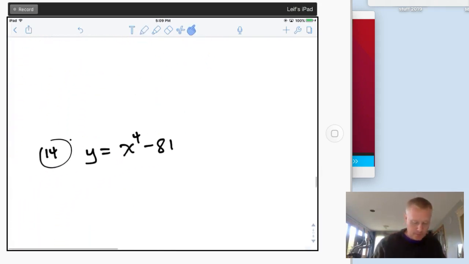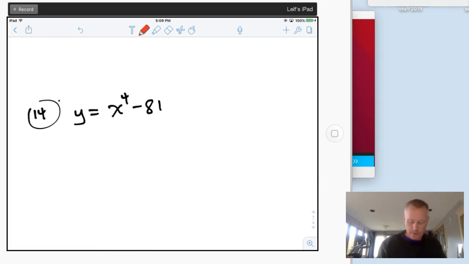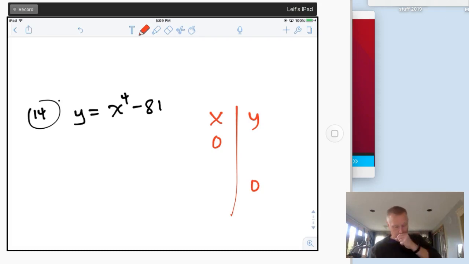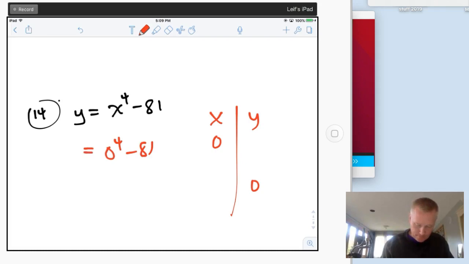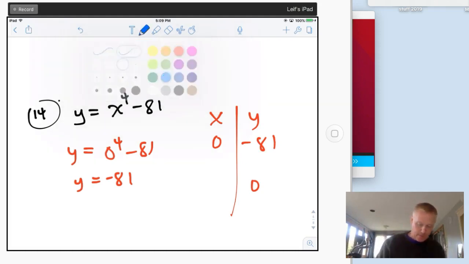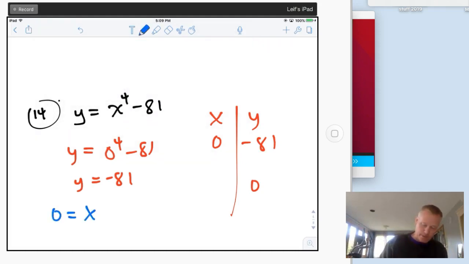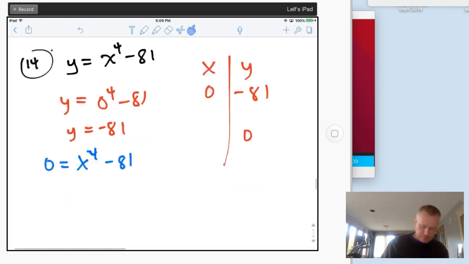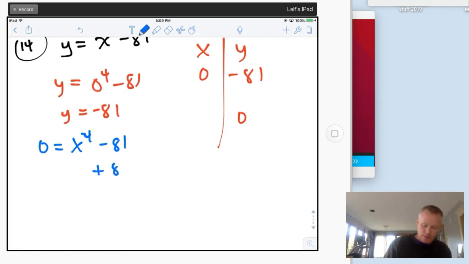All right, this one, woohoo, to the 4th power. x, y, 0, 0. All right, do the easy one first. Plug in 0 for x, and y equals negative 81. I like that one. Next, plug in 0 here, and I get x to the 4th minus 81. If I add 81 to both sides, I get x to the 4th equals 81.